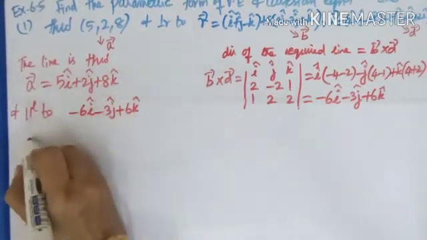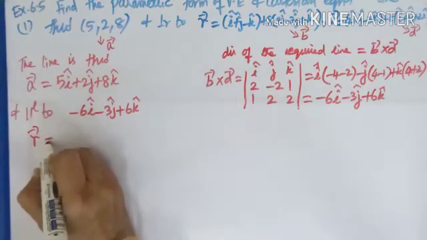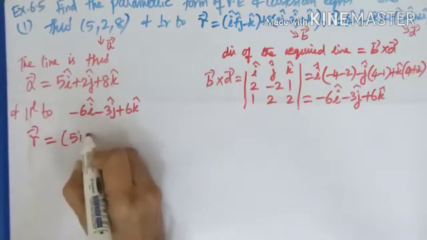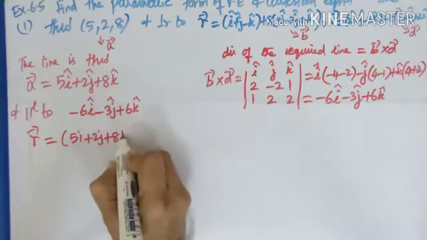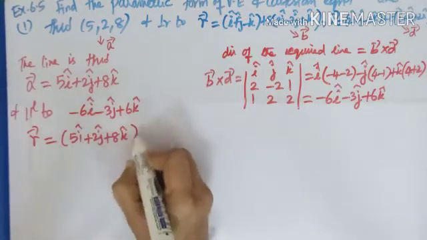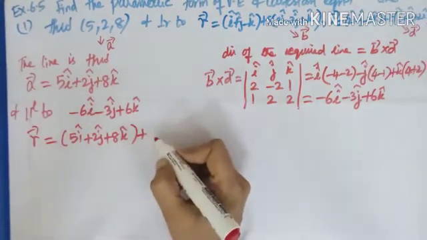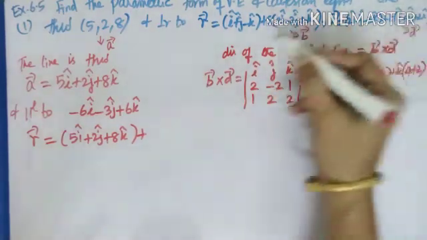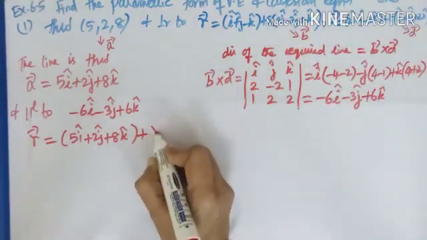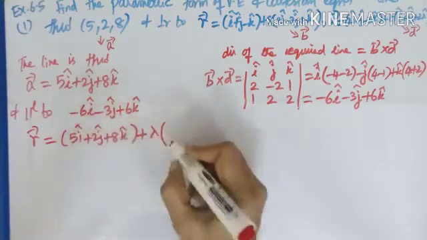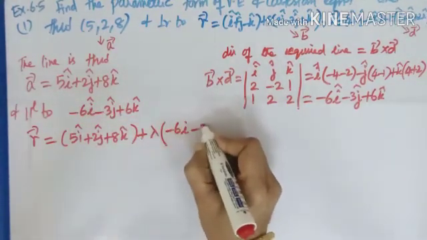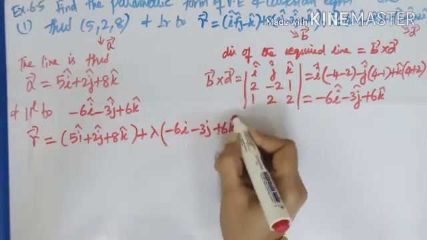So now what would be the line equation? R vector is equal to 5I plus 2J plus 8K plus some constant, anything I can write. Already they have used S and T. So put some other constant, say lambda into minus 6I minus 3J plus 6K.